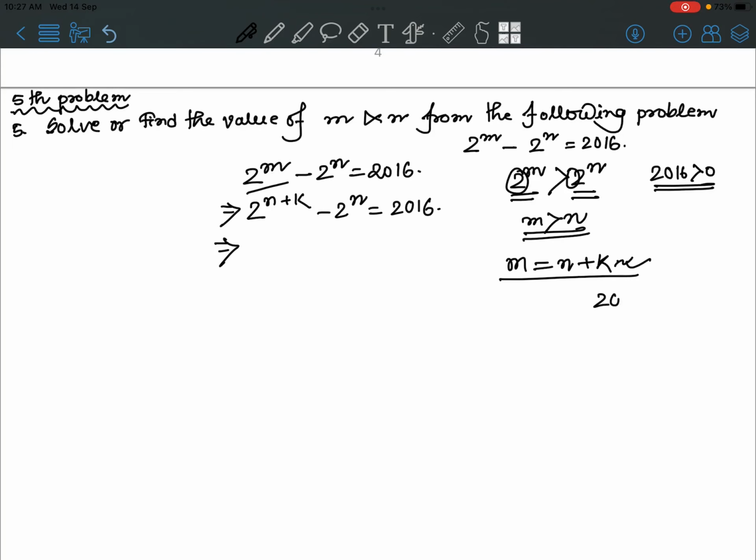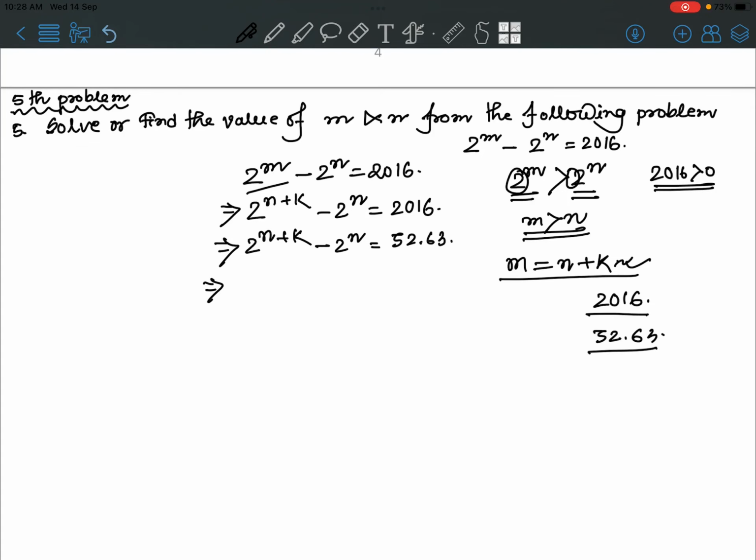Now after factorizing 2016, we get 32 into 63. So 2016 is equal to 32 into 63. Now 2 to the power n plus k minus 2 to the power n equals 32 into 63.